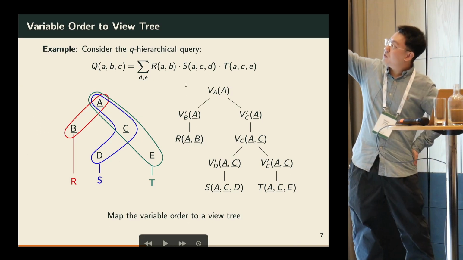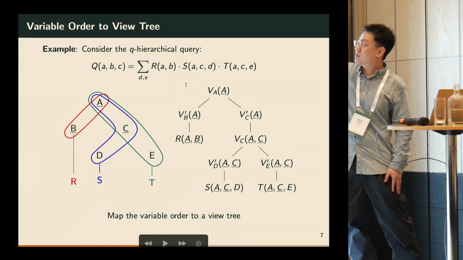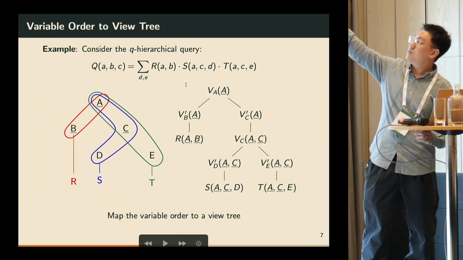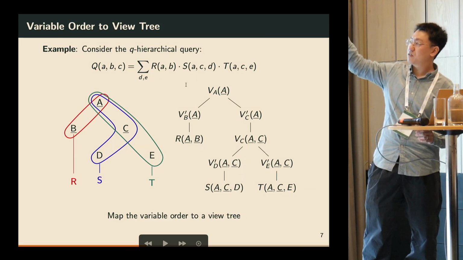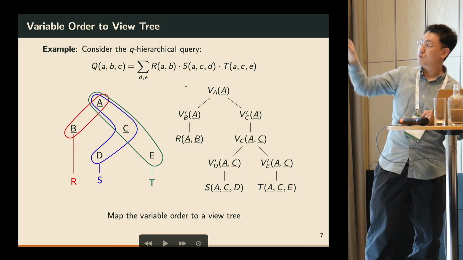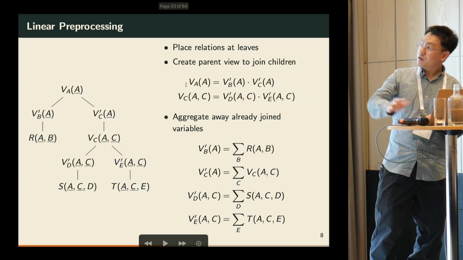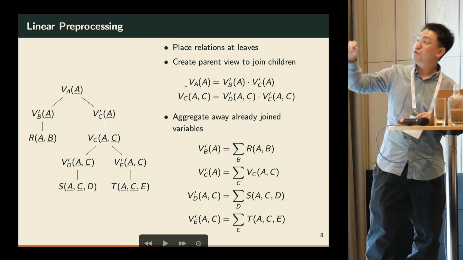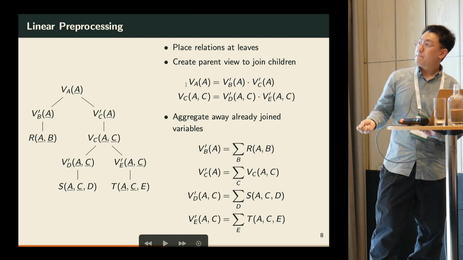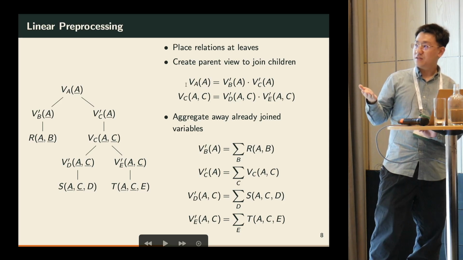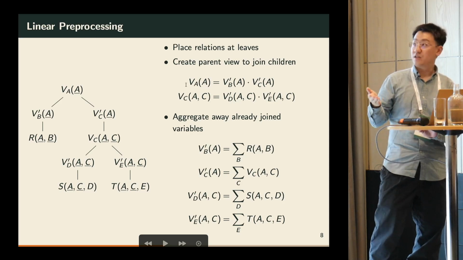For example, here V'_E is constructed by projecting E away from T, and V_C is constructed by joining the two child views, V'_D and V'_E. The construction of this view tree can be done in time linear in the size of the database.